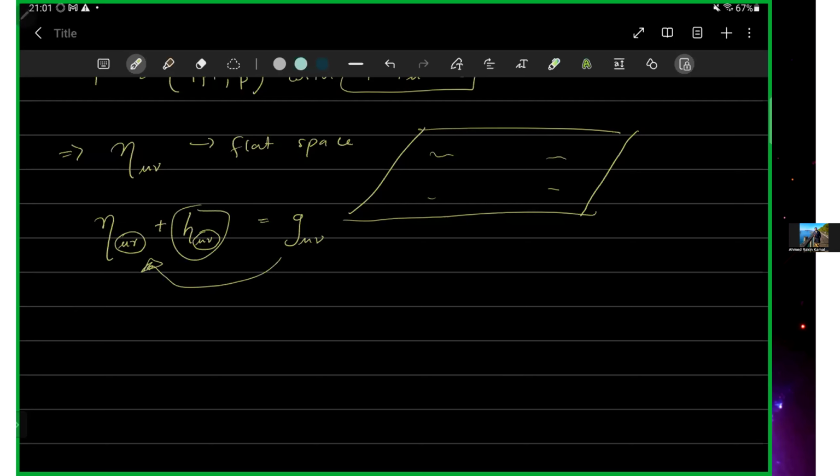So g mu nu is the metric tensor component that works for all types of background geometry. Basically, of course, you have to define what g mu nu is for a particular space, but arbitrarily, g mu nu is a metric that should work for all non-trivial spacetime and also flat spacetime.